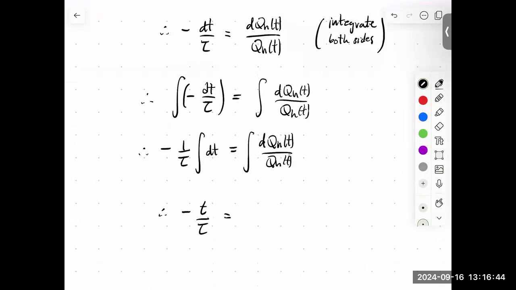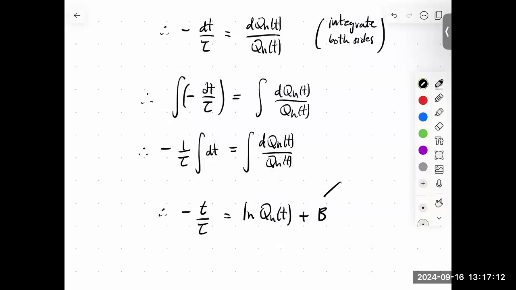So this integral is just dQH divided by QH, and so that's the ln of QH. Now we didn't put integration limits in, so that means we get an integration constant. I'm just going to put a constant here. I'm going to call it B. I'm not using C because we're using C for capacitance.